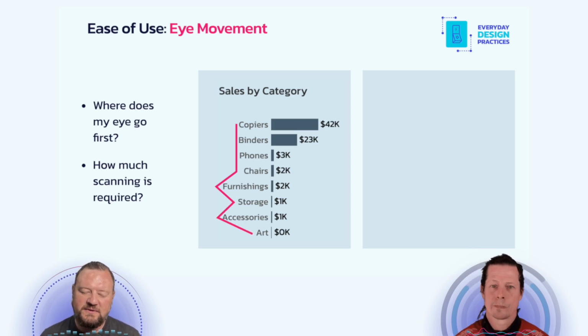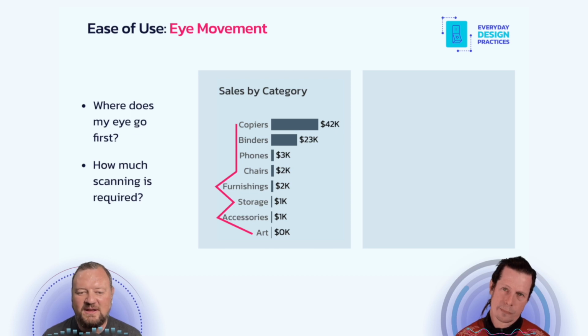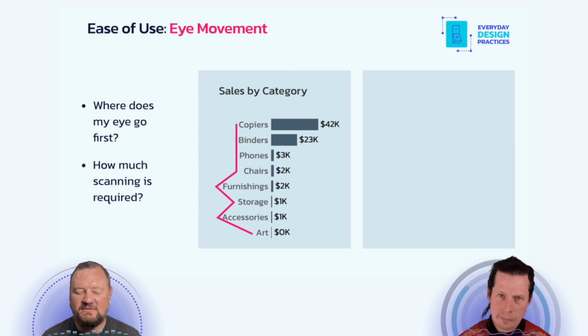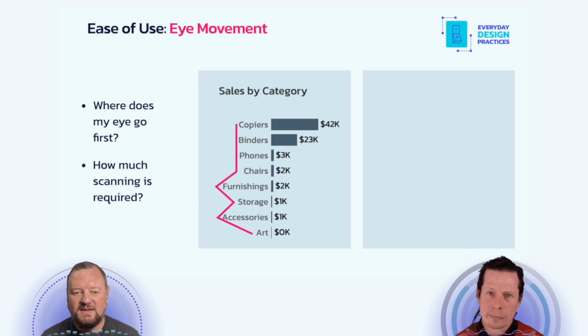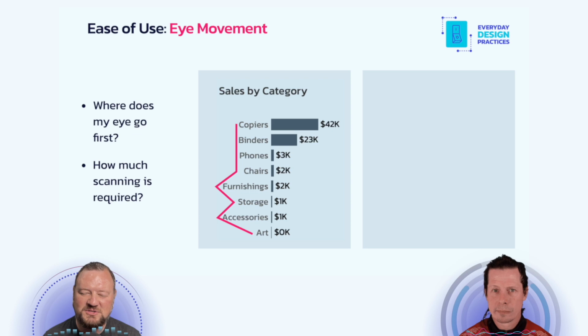I've got to look at the first letter of each word and sort of figure out the alphabet. I've got to read everything. And so I've got to find where to start reading, which for English speakers is going to be on the left. Other languages, it'll be on the right. But my eyes have got to go all over the place in order to even just find where to start reading. Yeah, that's work.